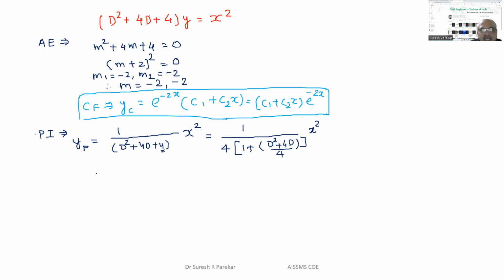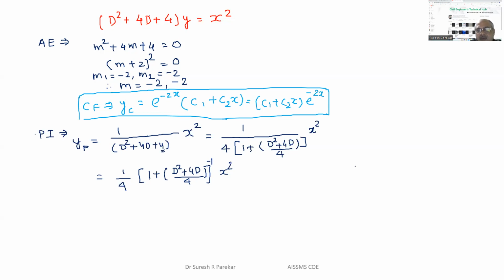Now we will take this in the numerator. So we have 1 by 4, in brackets 1 plus D square plus 4D upon 4, to the power minus 1, x square.